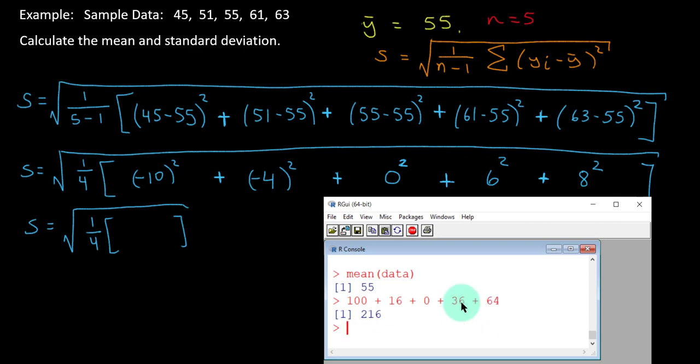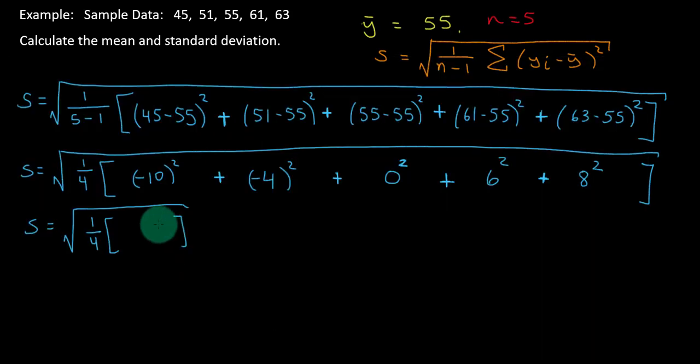The sum of squares is 216, and then we need to divide that by 4. Since I've got R out, I'll go ahead and do that right now. Ooh, that's 54. All right, that's a fun number. Let me write down what we've got so far. We got 216 divided by 4 is 54, but now we need to square root that.